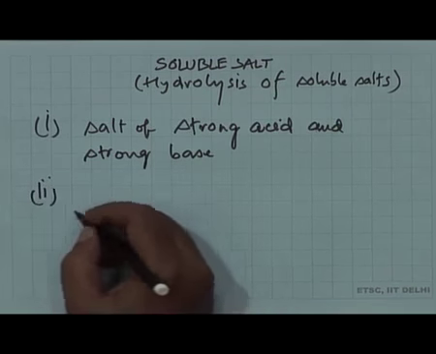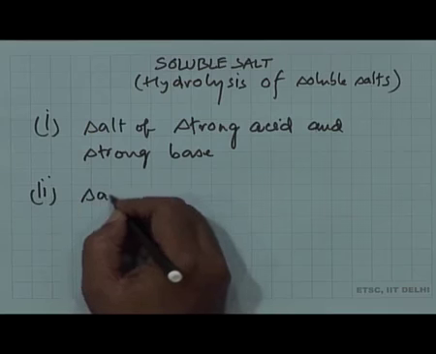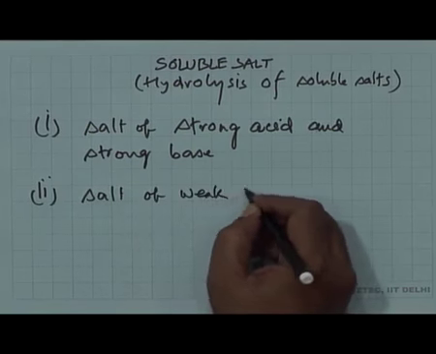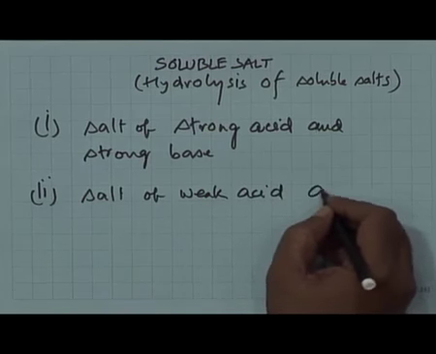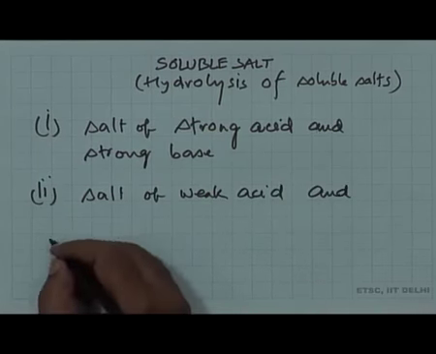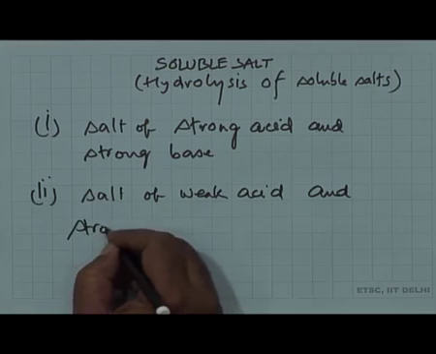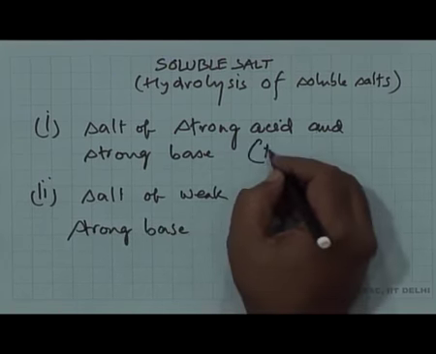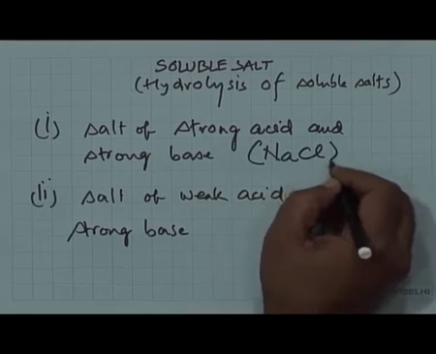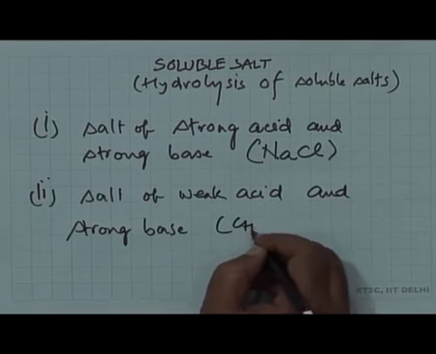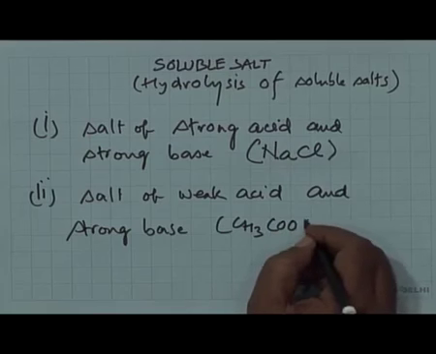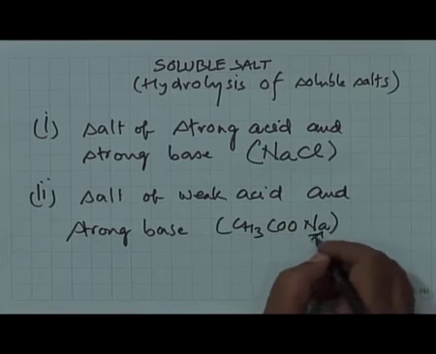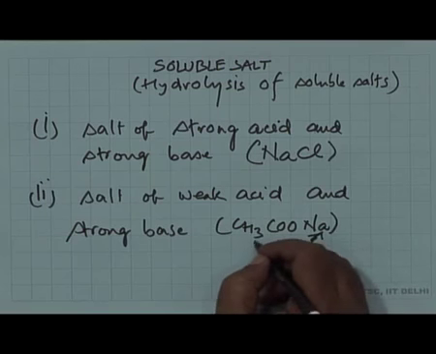Second, salt of a weak acid and strong base. In the first case, we will take the example of NaCl. In the second case, we will take CH3COONa, a sodium salt. So, this is a strong base and this is a weak acid.